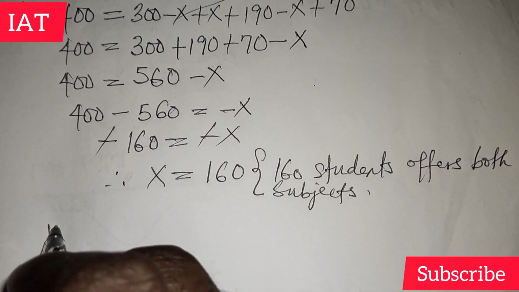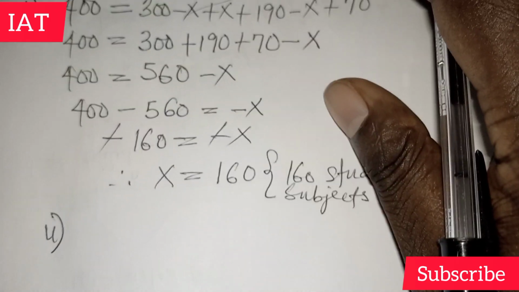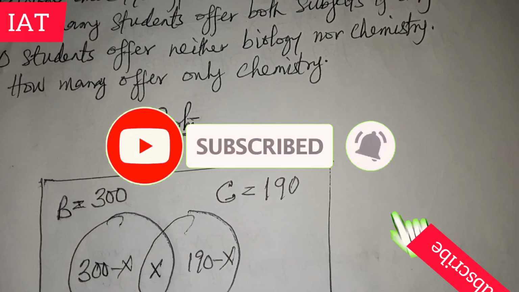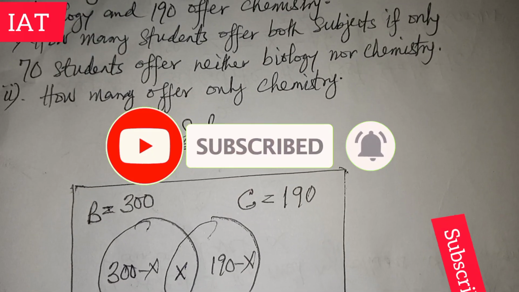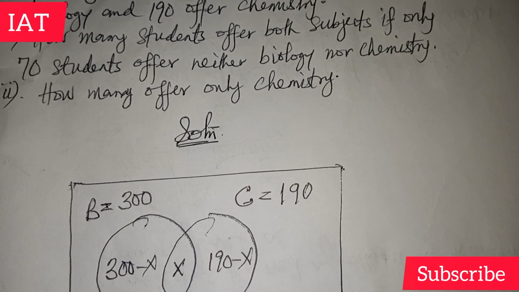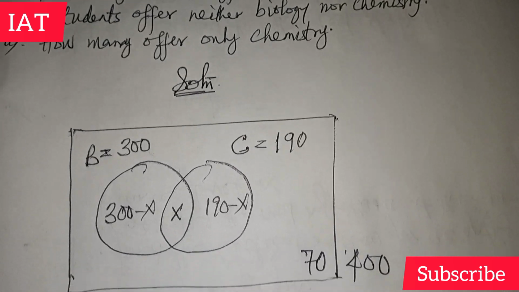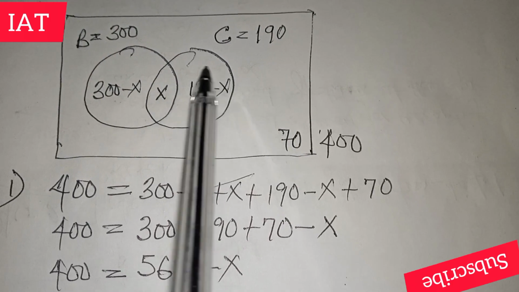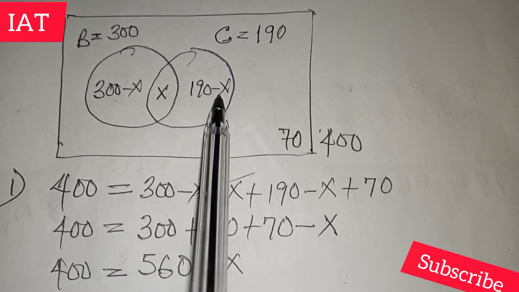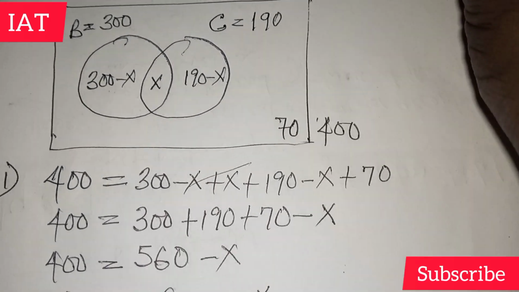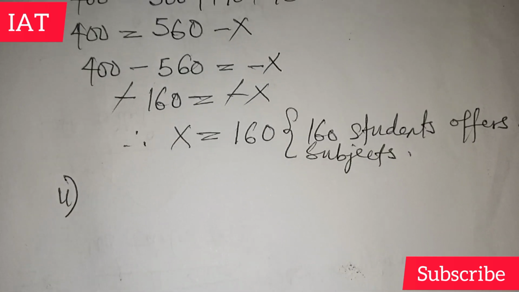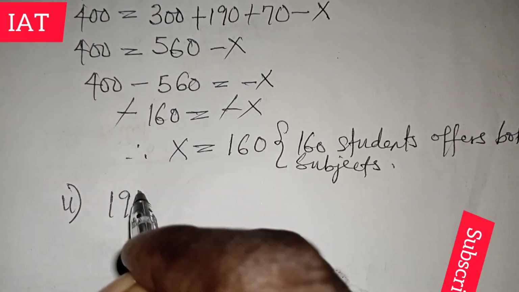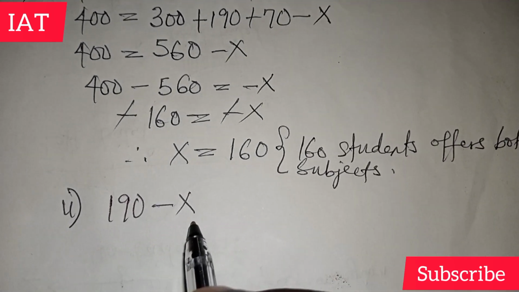Okay, the second part of this problem is that we are asked, let's check, how many students offer only chemistry. All right, so we can do that. Since we've gotten all these parameters, look at the number of students that offer only chemistry, which is just 190 minus X. Yes, that's all. And what is X?